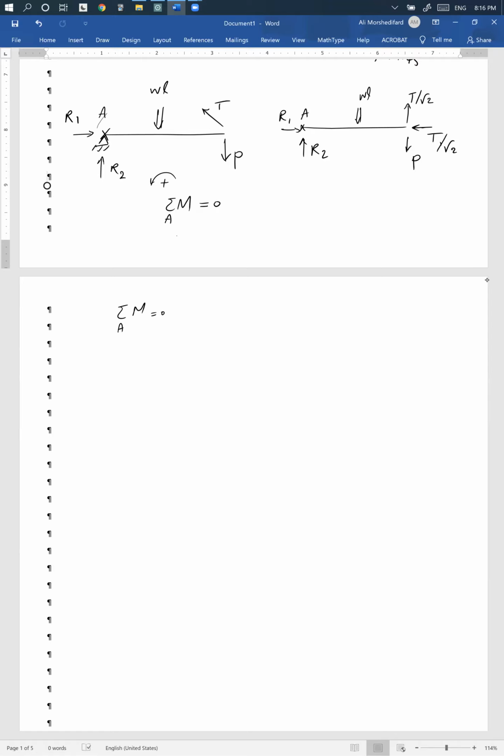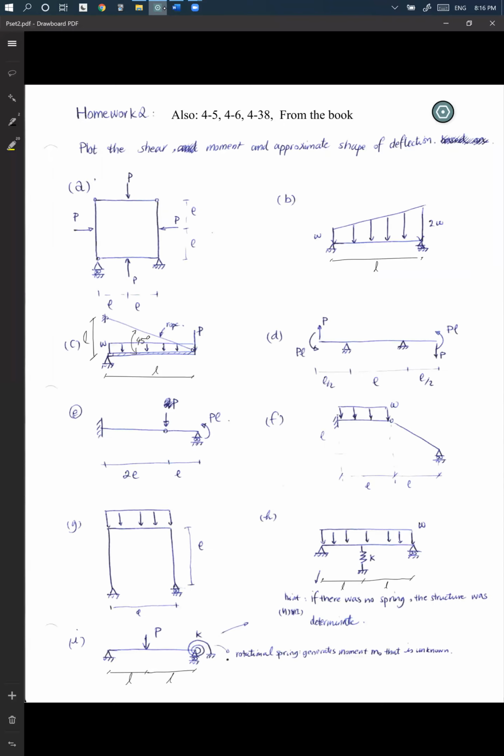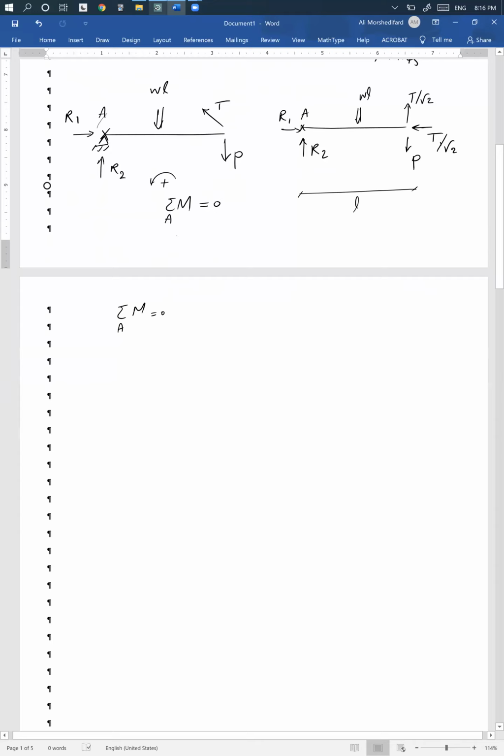So let's see, this distance is L. Let me just check. Yes, the distance is L. If I take the moment, I'm taking counterclockwise positive. I first take this WL: negative WL times L over 2, because WL is clockwise.